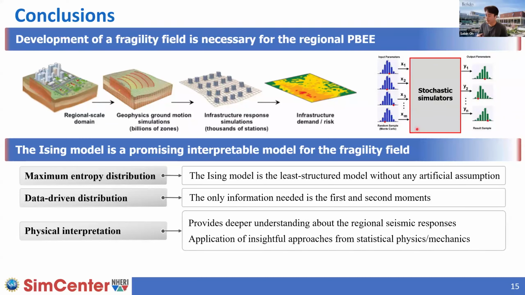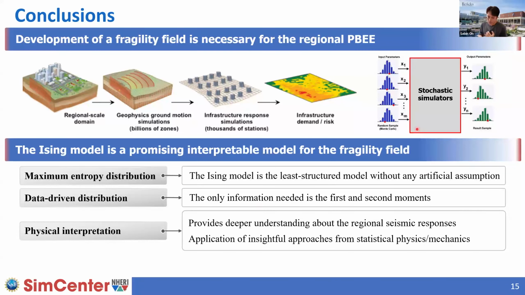Today I didn't have time to talk enough about the interpretation of the Ising model parameters and their implication for understanding regional seismic responses. But investigating the estimated H and J values for a target region under different earthquake scenarios can provide deeper understanding about the regional seismic responses.